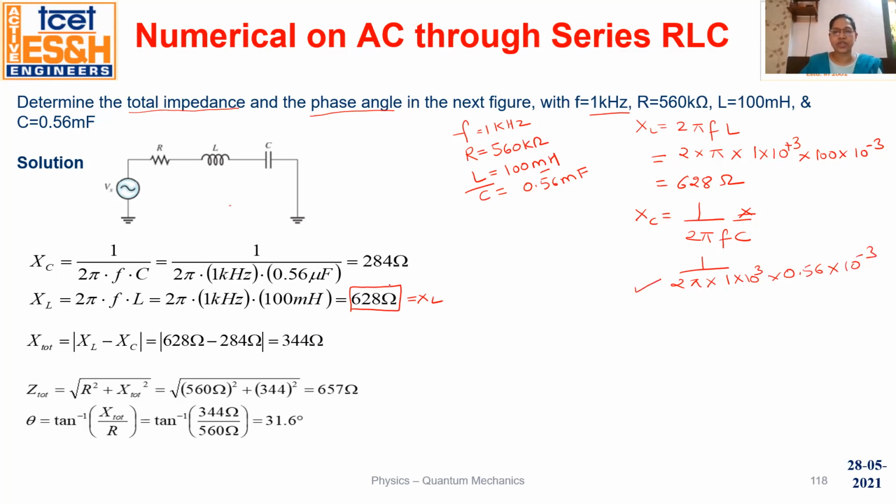When you solve this equation, you will get 284 ohm. So this is the value.